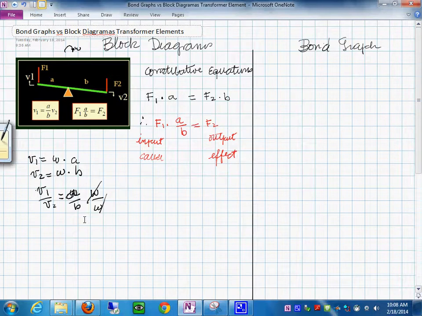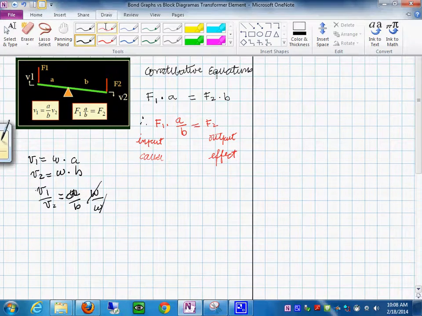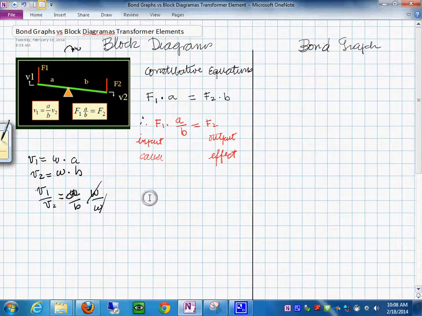So it follows that from this equation, you can write the other constitutive law, which says that v sub 1 is equal to A over B times v sub 2. Now you see, this is the equation. This is the relationship between the velocities.